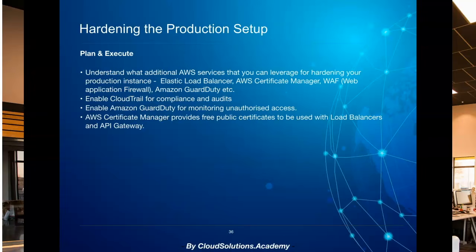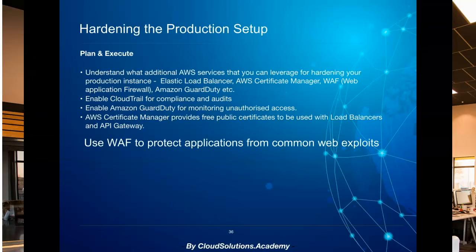In terms of securing your application, you can set up WAF, Web Application Firewall, and configure common web exploit rules to log and block traffic. There are a lot of pre-configured rules available from the AWS ecosystem which you can leverage to get started.